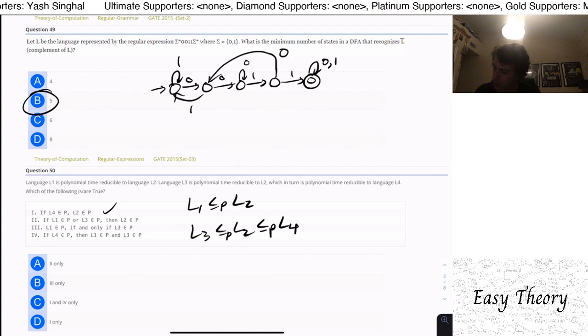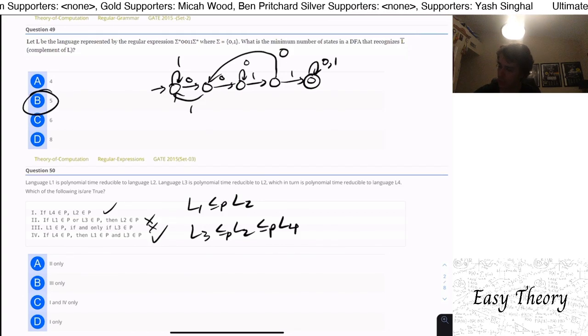If L1 or L3 is in P, then L2 is in P. No, not necessarily. L1 is in P if and only if L3 is in P. We don't know anything about their relationship. If L4 is in P, then either L3 or L1 is in P. That is true because it's propagating back either this route or this other route. So it's 1, 4.